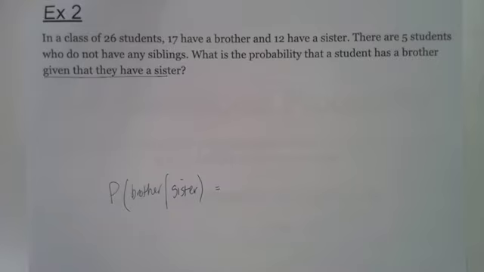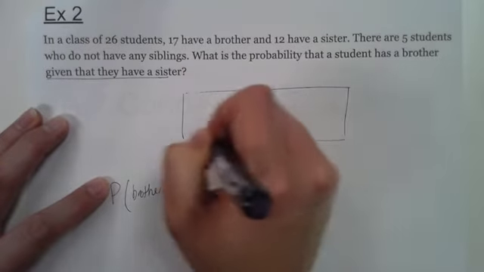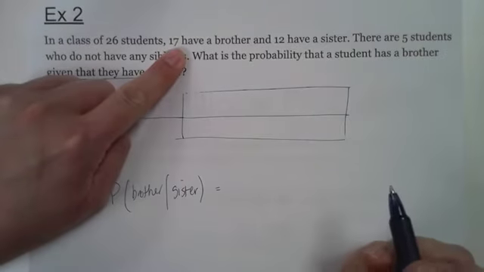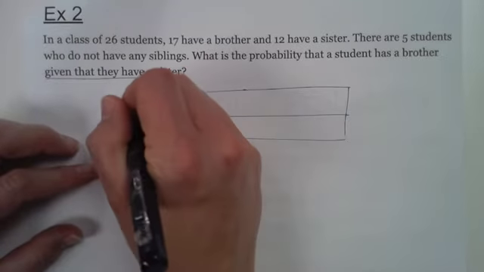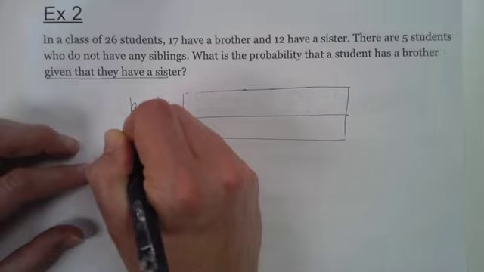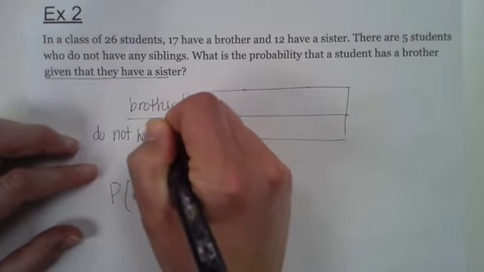What might be helpful on a problem like this? A chart, absolutely. So we are going to make a little chart here. And we have information. There are brothers and sisters. So on one side, we have a brother or do not have a brother.